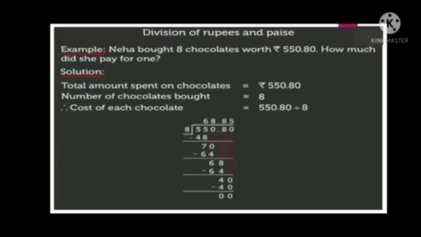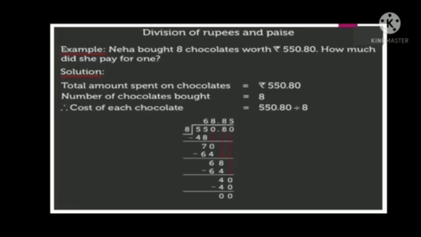First, we need to take two digits, which is 55, and count the table of 8 and find out which number is either equal to or less than 55. So we find out 8 6 are 48, which is less than 55, and 8 7 are 56, which is more than 55.